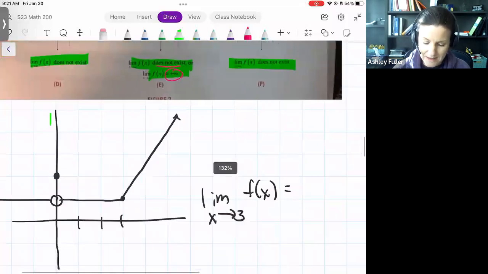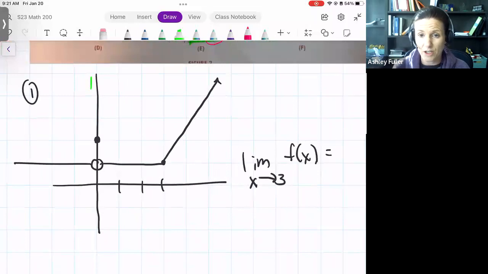Let's look at just a couple examples graphically and determine the limit, and also look at some of the nuances of it. Here, the limit as x approaches 3 is going to be 1. Notice from the left, it approaches 1, and from the right, it approaches 1.